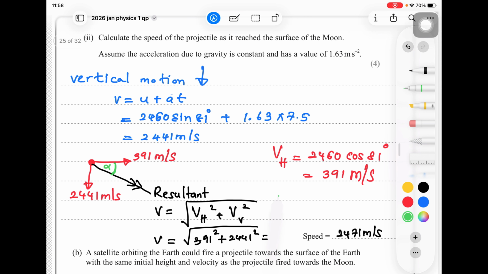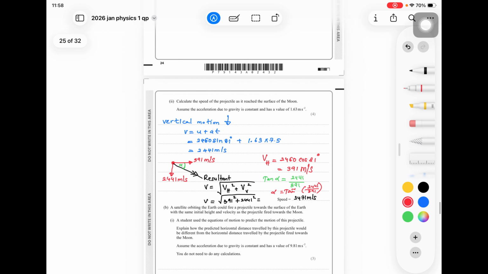So tan alpha is going to be 2441 divided by 391. So alpha will be tan inverse of this value, just in case they ask for it. So this is how you do Roman number 2.